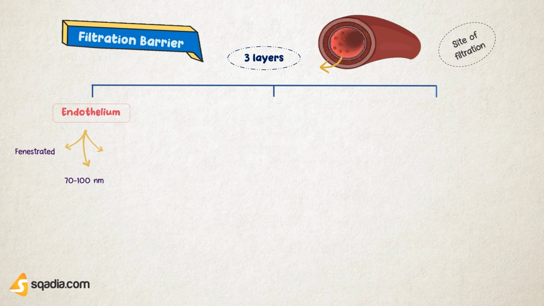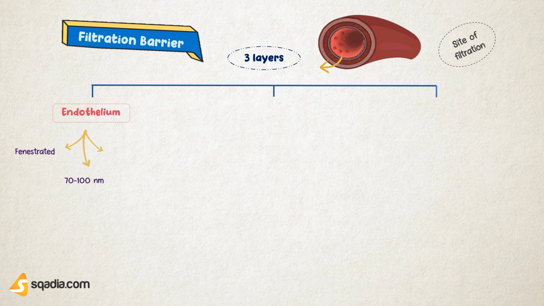These fenestrations are around 70 to 100 nanometers in diameter. So it is freely permeable to water, solutes, and small amounts of plasma proteins, which can easily pass through this endothelium, but not blood cells or molecules that are greater than 100 nanometers. They cannot pass through this fenestrated endothelium.